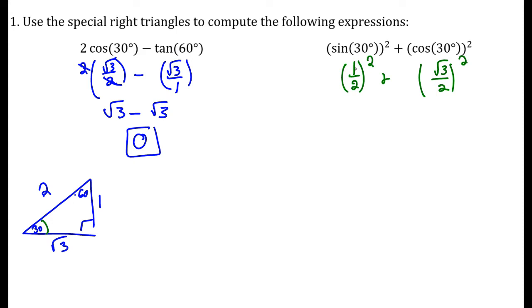Well, 1/2 squared is 1/2 times 1/2, which is better known as a fourth. Radical 3 squared is 3, over 2 squared is 4. 1/4 plus 3/4 gave us 1. So sine of 30 squared plus the cosine of 30 squared equals 1. And we didn't need to memorize anything there. We just needed to know how to use our 30, 60, 90 right triangle.